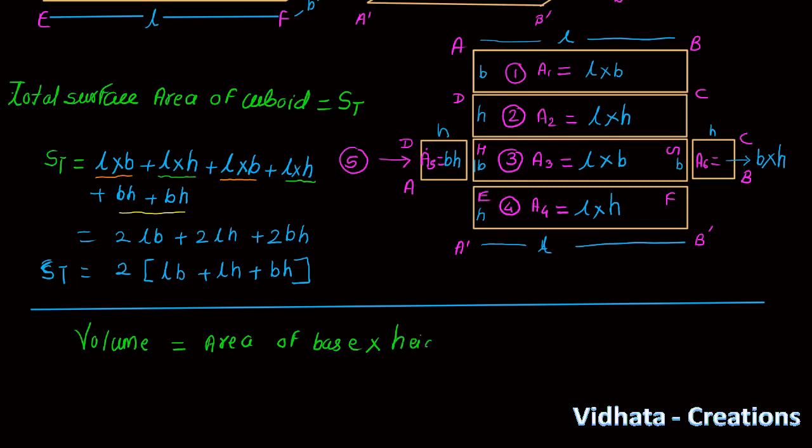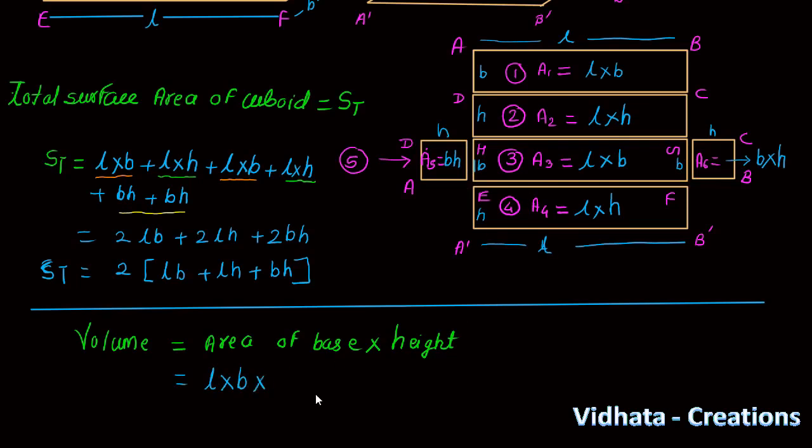What is the area of the base? The base of this cuboid is a rectangle, and its area is area number 3, that is L into B, L multiplied by B. And what about the height?